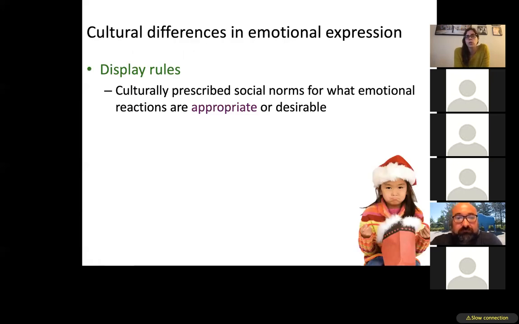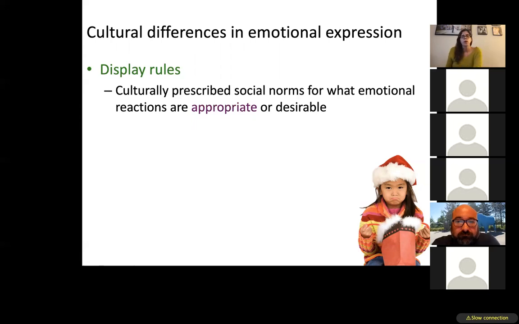So expressing emotions is basically how you show others what you're feeling, right? So these facial expressions, your body language, what you say, things like that, the ways that you can let other people know what you're feeling. And there are differences by culture in what's considered appropriate, what's okay to show other people.